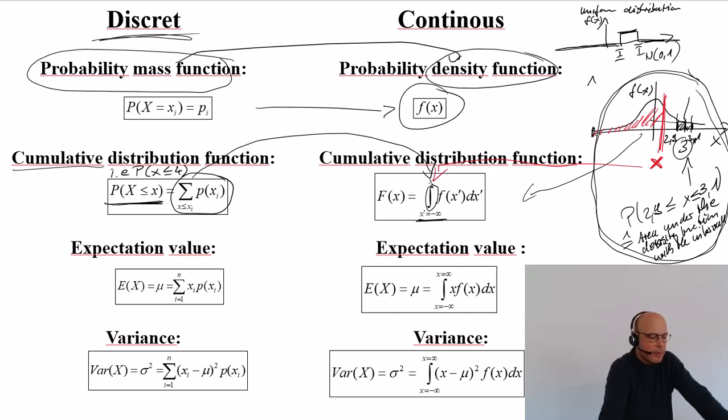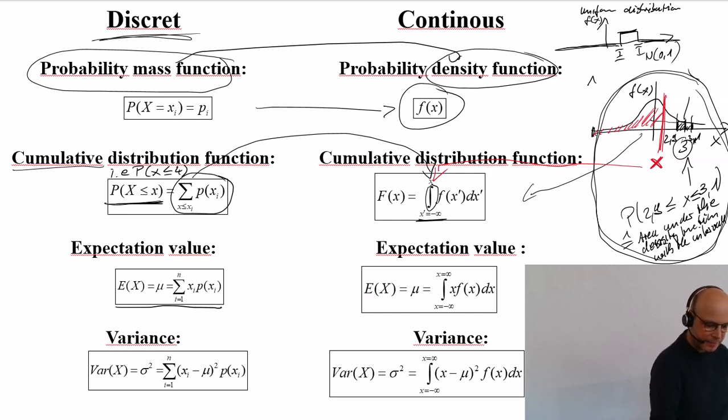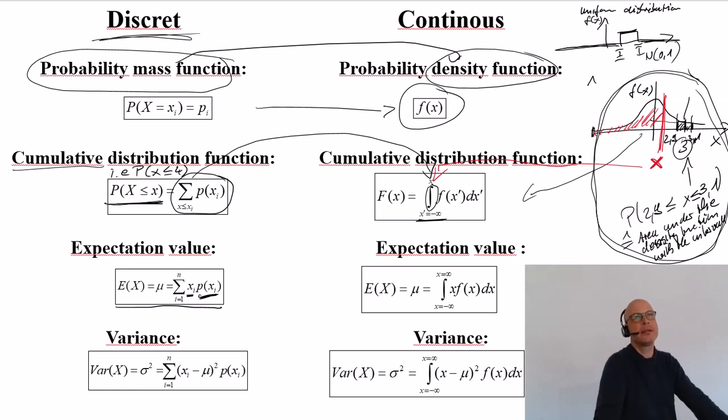There we also then in general define the expected value, and the expected value of our random variable for a discrete random variable is just the single event times its probability and summing up all these probabilities.